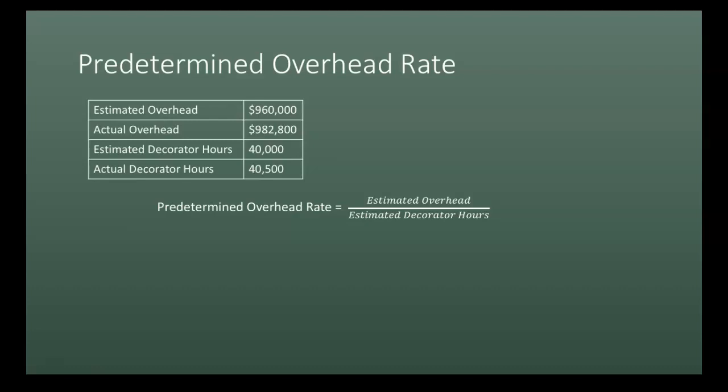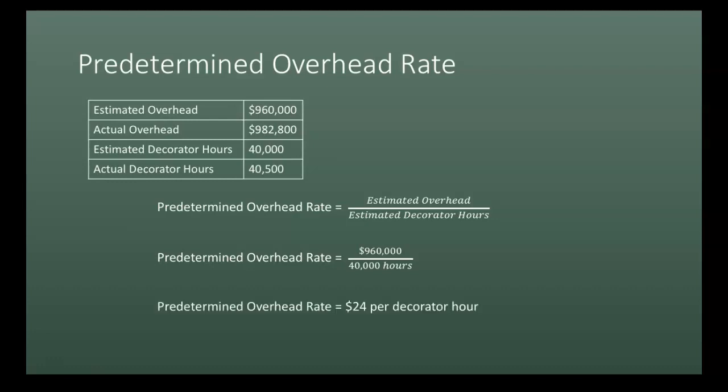So we have to use our estimates. Our estimated overhead was 960,000. Our estimated decorator hours were 40,000 hours. So our predetermined overhead rate will be $24 per decorator hour, meaning that for every single decorator hour, we are expecting to incur $24 of overhead.